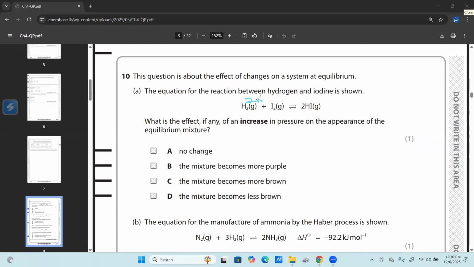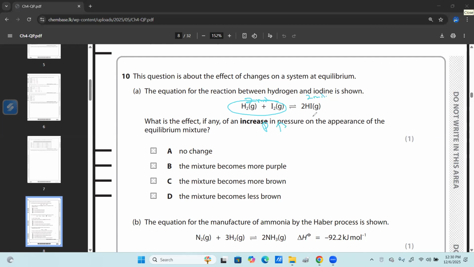Here this side you have 2 moles. This side also you have 2 moles, right? So you can see there are 2 different gas molecules on this side.